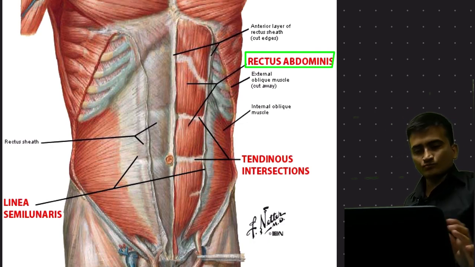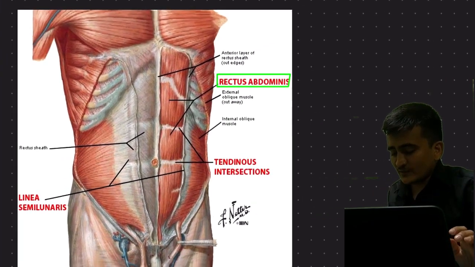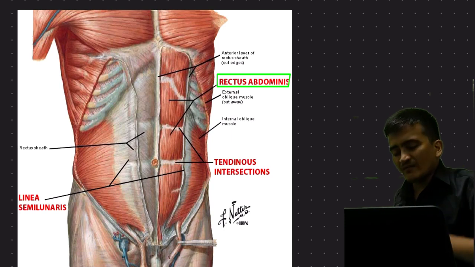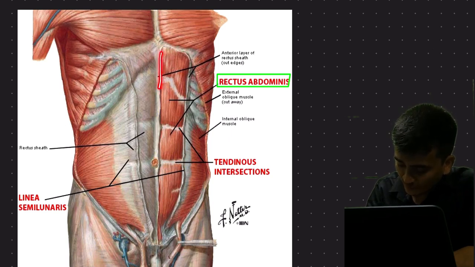Now the thing that we need to know right here is the linea alba. We have discussed this earlier. You can see the prominent white line right here.